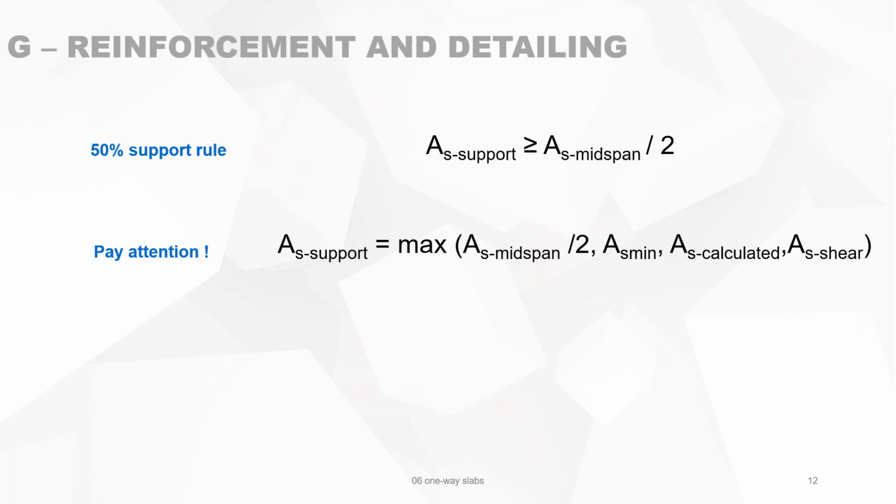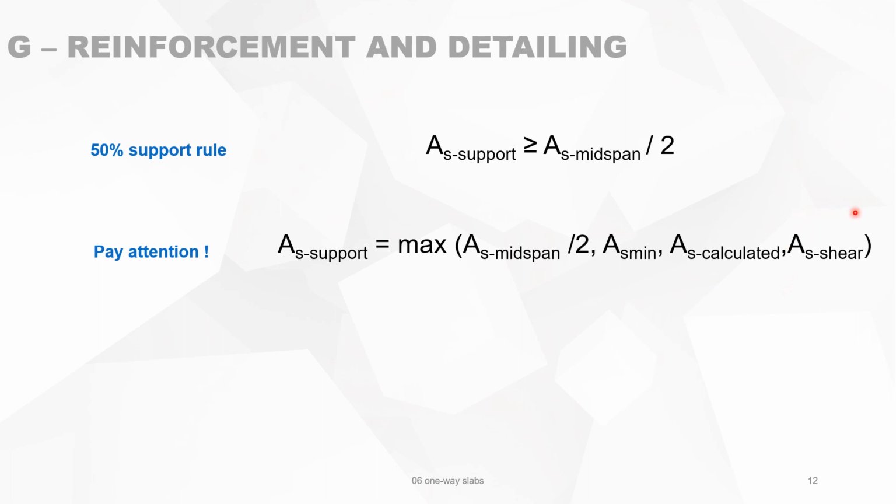Take care, the reinforcement at the support is in fact the maximum of 4 reinforcements, which is of course the minimum reinforcement, which must always be larger than the minimum reinforcement. The reinforcement which is calculated, for instance, when the support is fixed or clamped.